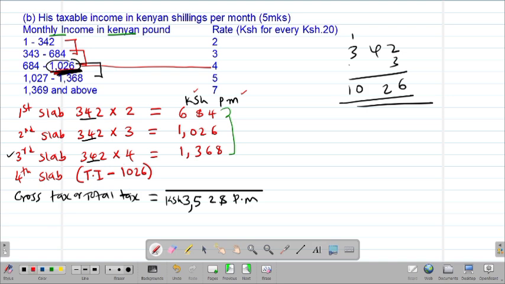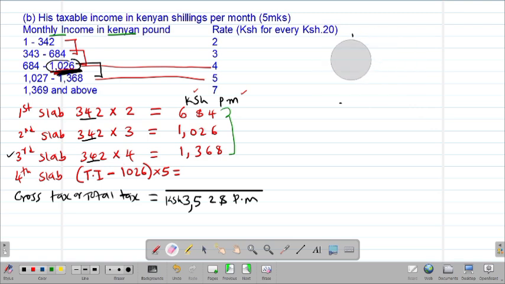Then the tax rate in the fourth slab was actually 5. So we are supposed to multiply this one by 5, then it should give us. So there is a certain amount that is supposed to be remaining here. So to get that amount, we are going to add these three values.